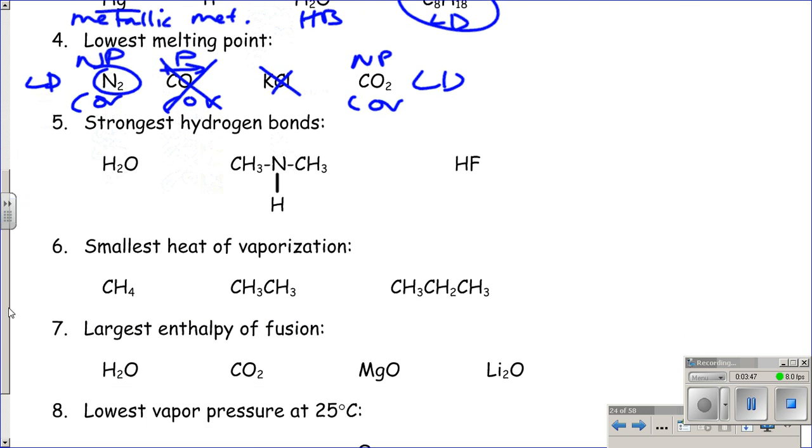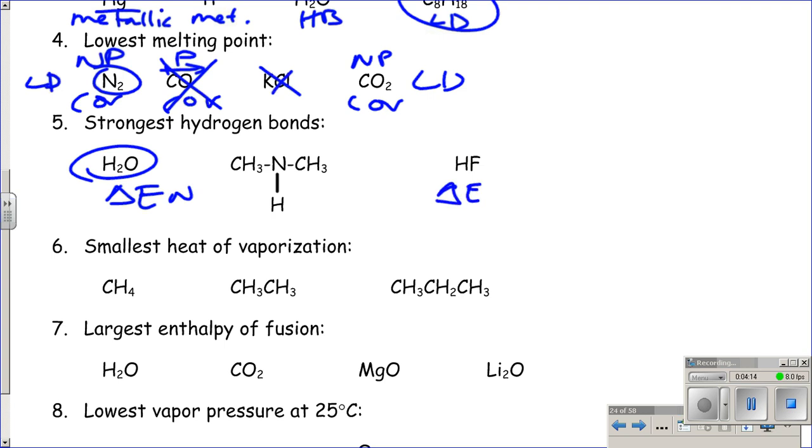Strongest hydrogen bonds, Gabby. H2O. Okay, so this one has a large electronegativity difference, as does this one.